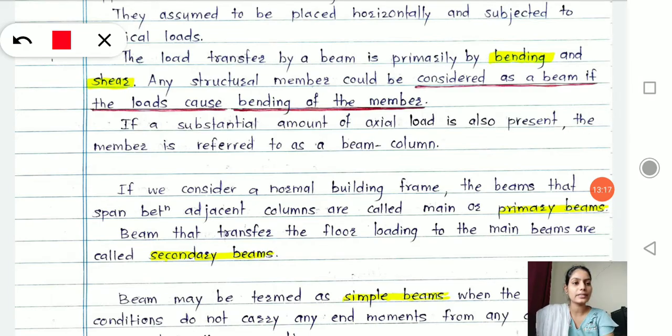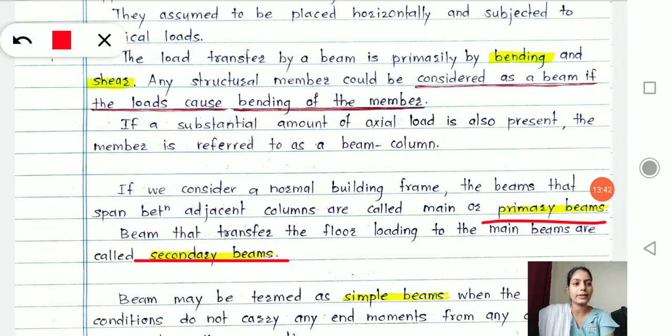On that basis you classify your beams into categories, and those categories are called primary beams and secondary beams. How does our beam span and how is it placed on the column? On that basis, our beams are classified into primary and secondary beams.